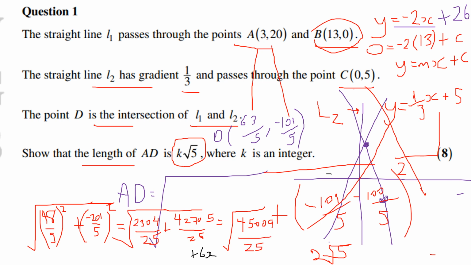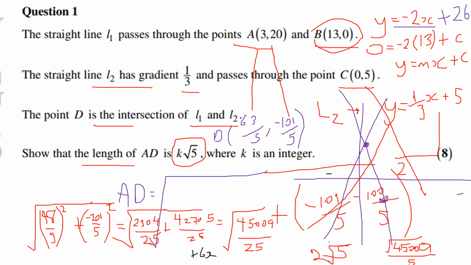Square rooting that, I get a decimal: root 45,009 all over 5.